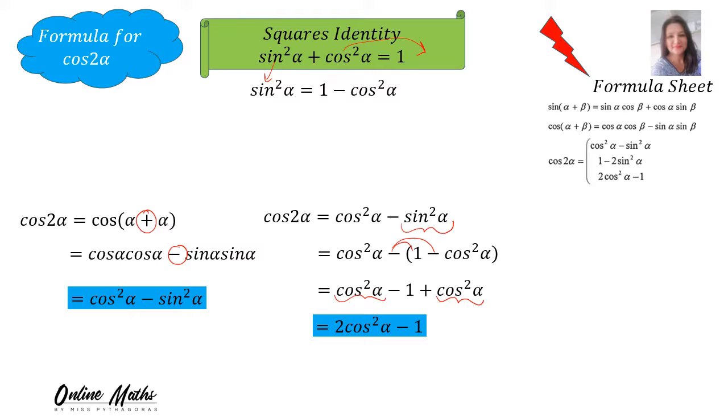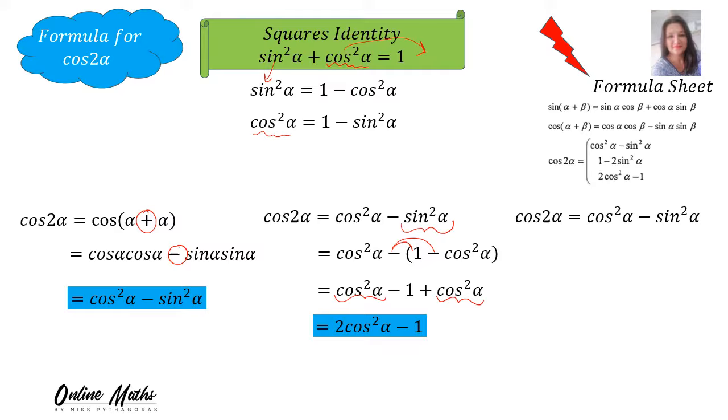And then the last rule there, again we start with cos 2 alpha and you use cos squared alpha minus sin squared alpha, the first one you worked out. Again, back to your squares identity. Now, if you make cos squared the subject of your formula, it's the same as 1 minus sin squared alpha.